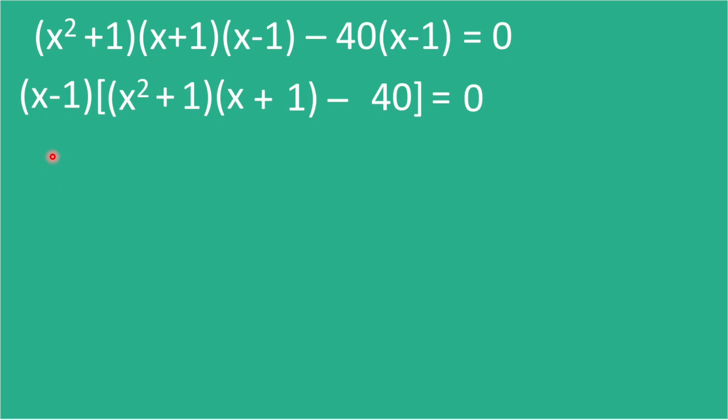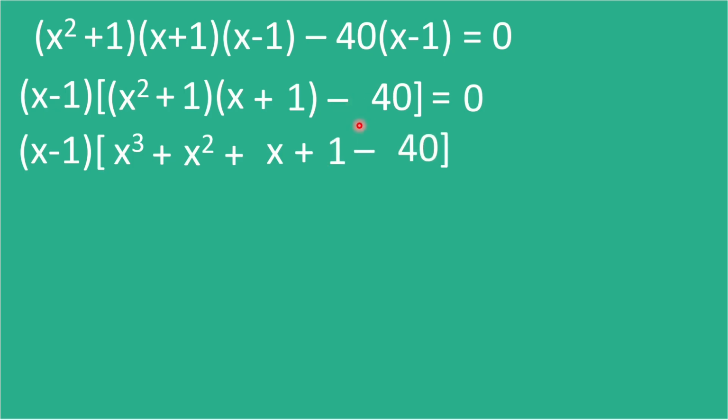In the next step, we will multiply x² + 1 with x + 1. So x² times x becomes x³, then x² times 1 becomes x², then 1 times x becomes x, and then 1 times 1 equals 1, and then − 40, which is equal to 0.